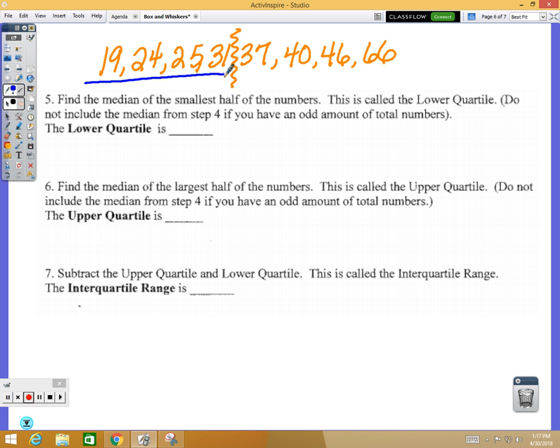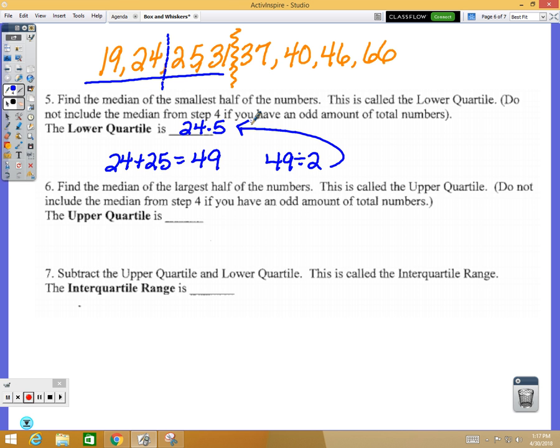So we have four numbers we're looking at here: 19, 24, 25, and 31. And the middle is between the 24 and the 25. What's in the middle of 24 and 25? 24.5. Good. You could have done 24 plus 25 equals 49, and 49 divided by 2 is your 24.5.